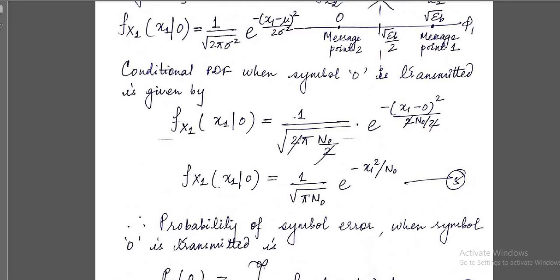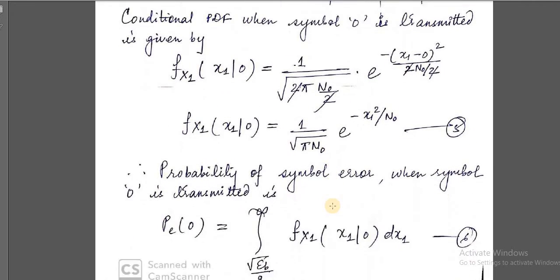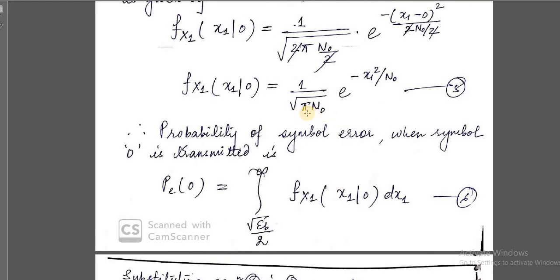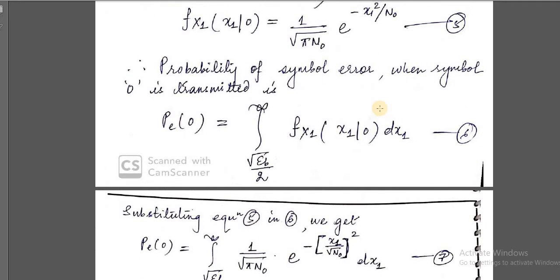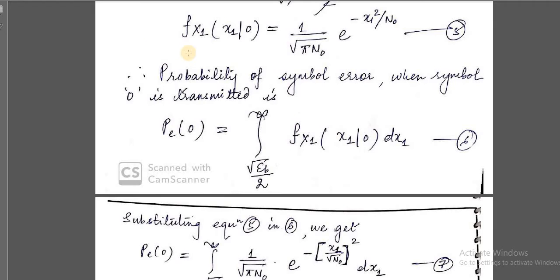In place of mu, 0 is put, and in place of sigma square, n0 divided by 2 is substituted. Here also in place of sigma square n0 divided by 2, the 2 gets cancelled, and here also the 2 gets cancelled. So the remaining expression is 1 divided by root over of pi n0, e to the power minus x1 square divided by n0. This is my conditional probability or PDF.